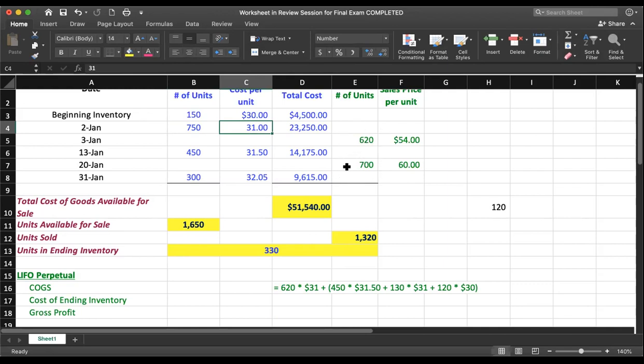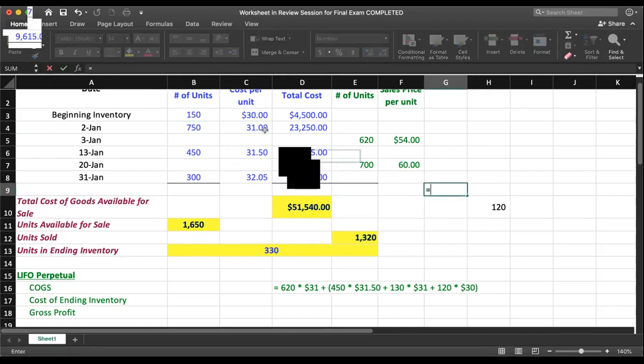But when it comes to the cost of the 700 units that were sold, we'll take 450 of the 700 at the $31.50 price. That's what I have here. And then we have what's left from the 750.